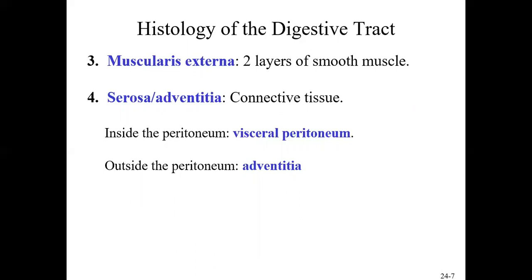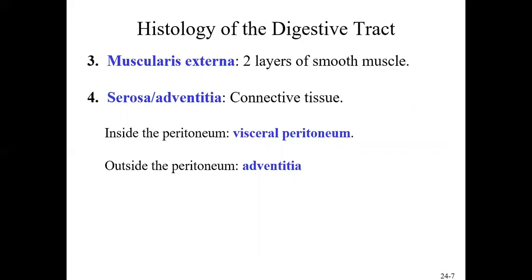You may remember these terms, the peritoneum, from 168, probably back in chapter 1, where it talks about the serous membranes associated with the body. Well, inside of the abdominal cavity, you have the peritoneum. Many of the organs inside of the abdominal cavity will be connected with this peritoneum, this serous membrane called the visceral peritoneum.